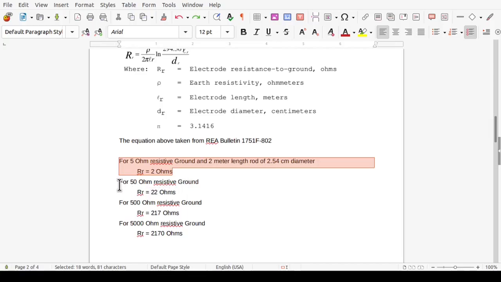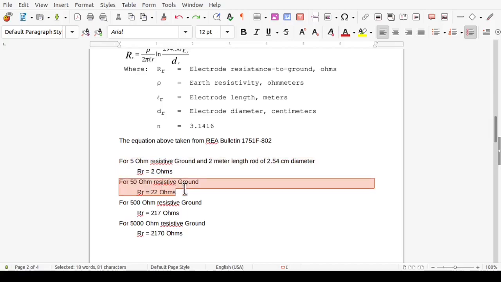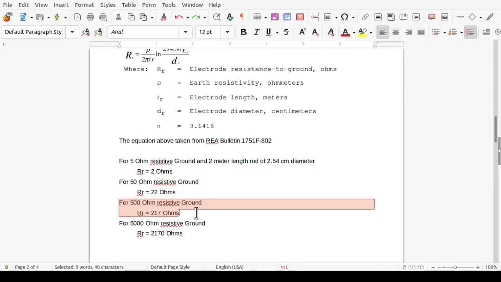If we bump that up to a 50 ohm meter resistive ground, the ground resistance climbs to 22 ohms. If the resistivity of the soil is 500 ohm meter, then we have a 217 ohm resistor lead sticking out of the ground.